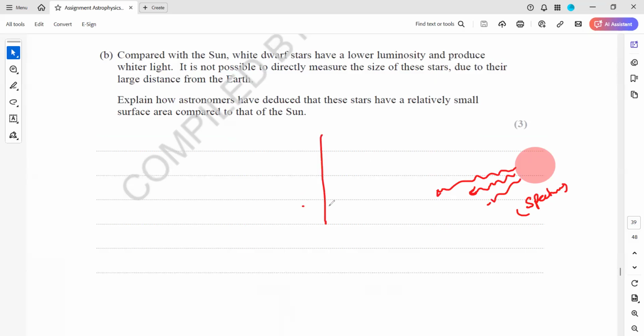That spectrum will have wavelength on one axis, and luminosity or intensity on the other, as a graph. The wavelength at which intensity is maximum, we call lambda max. So what astronomers do is first focus on the star and record the spectrum, or the light emitted from the star.